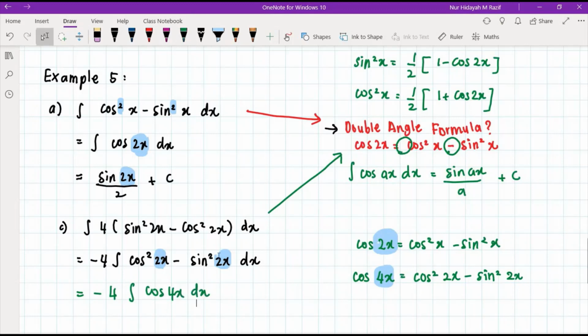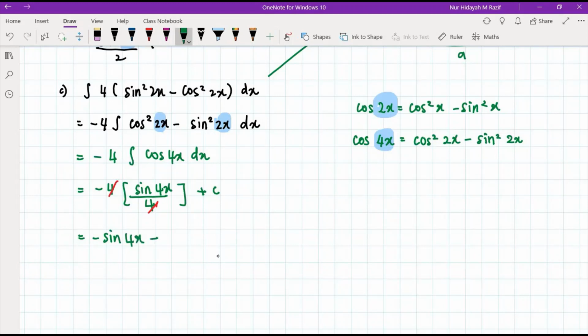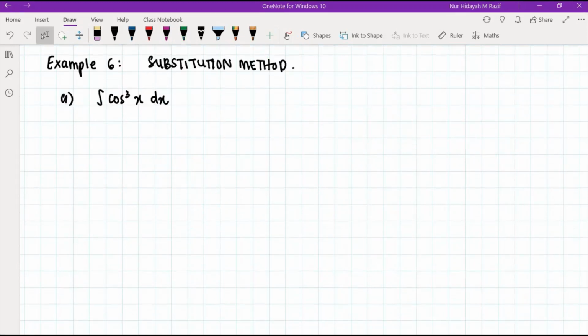And once you have finished that step, we can just integrate that, and that will give us negative 4 multiplied by sine 4x divided by 4. And then we are going to add c at the back. Negative 4 and 4 will cancel, and that leaves us with negative sine 4x plus c.